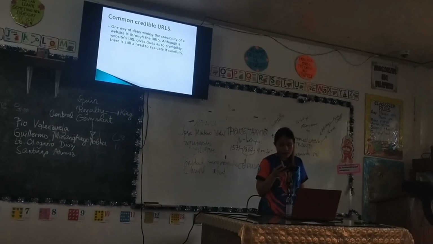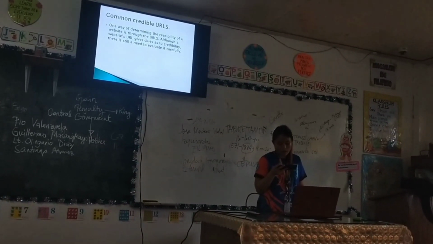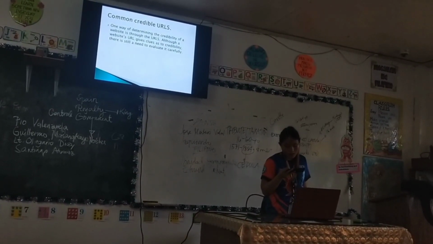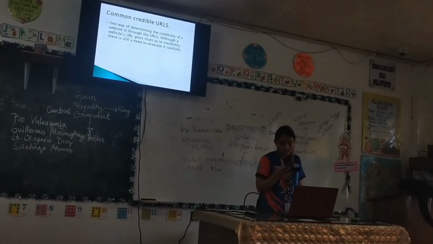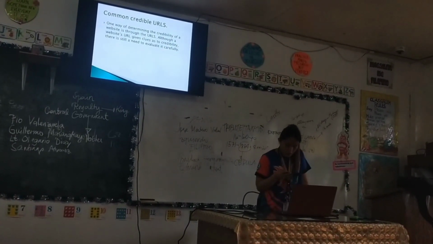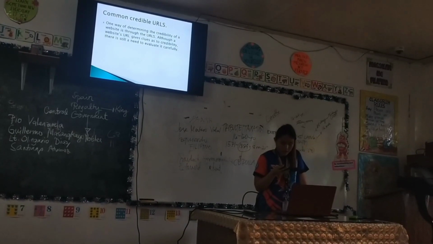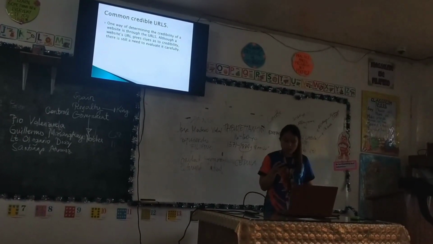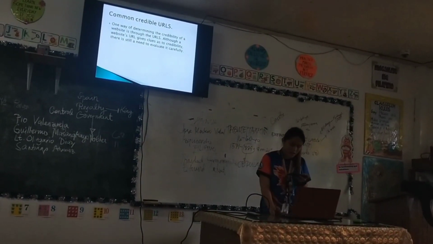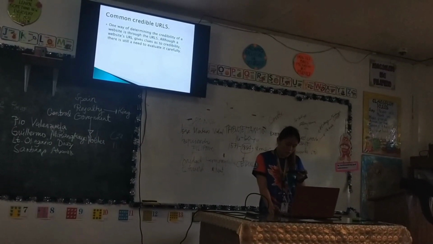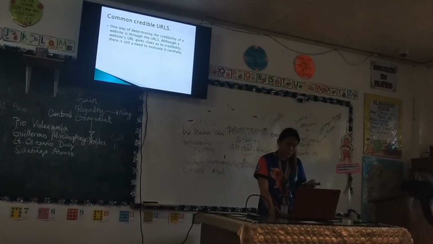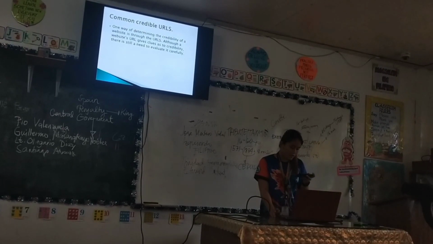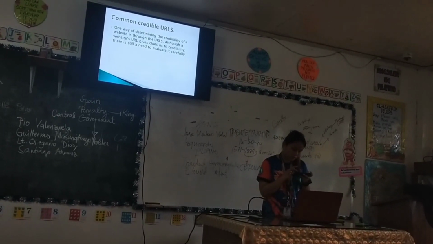Third, websites ending in .edu are the websites of educational institutions such as colleges and universities that usually offer a variety of credible data, especially about the schools, operations, and research. However, students may create websites with an .edu top-level domain, but they may contain inaccurate or biased information.